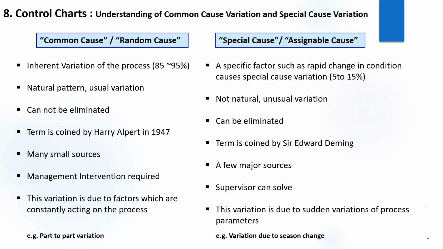After practice, Shiva will reduce the variation between signatures, but to make signature number 1 and number 1000 exactly the same is very difficult. So common causes are called inherent variation, natural variation, or part to part variation. This is called a common cause. So it is clear: a common cause cannot be eliminated.